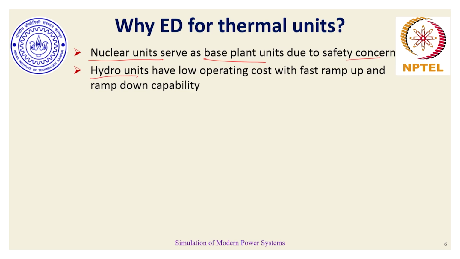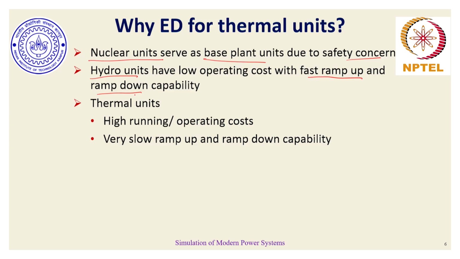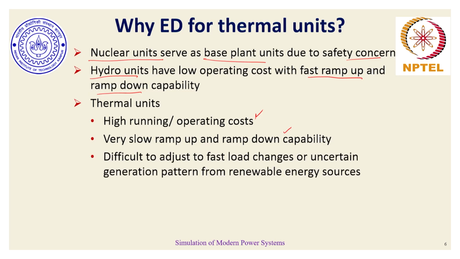Hydro units have low operating cost and they can easily respond to load change, which is where they have fast ramp up and ramp down capability. Thermal units, on the other hand, have high costs, and their ramp up and ramp down limits are also slow, which means they require a sufficient amount of time to change the generation value. Hence, it is often difficult to pre-plan or preset what the thermal generation schedule would be.